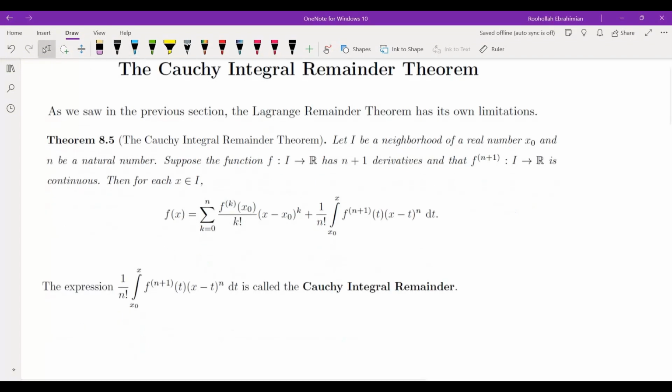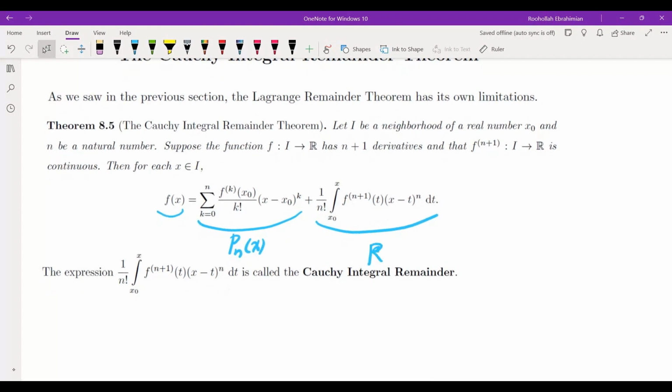The Cauchy integral remainder theorem tells us that if you take a neighborhood I of a real number x0, take a natural number n, and take a function that has n plus 1 derivatives, where the n plus first derivative is continuous, then f of x is equal to the nth Taylor polynomial plus the remainder. In other words, it gives us a more direct formula for the remainder.